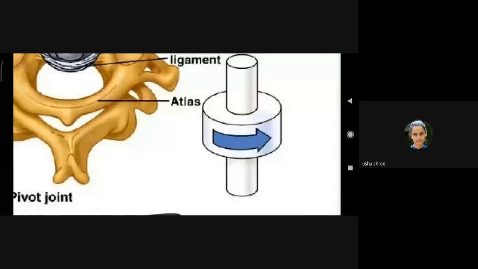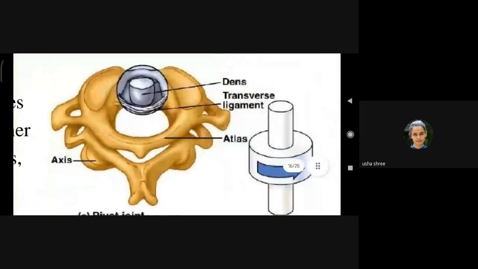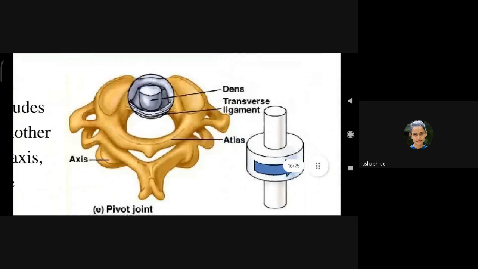C2 is the axis, and on the axis of C2, C1 is placed, and C1 is moving left to right on the axis of C2. I will send you a clear structure of the pivot joint so that you can understand very clearly.